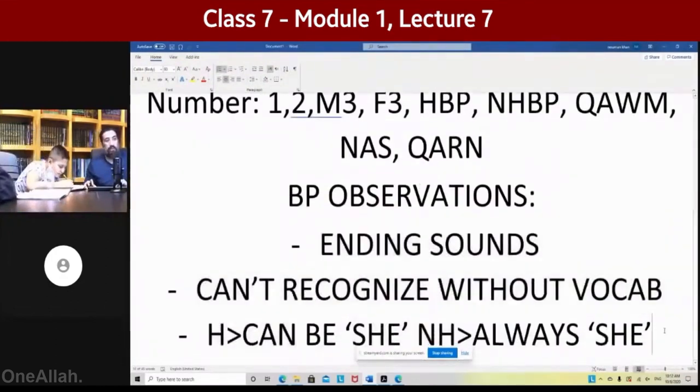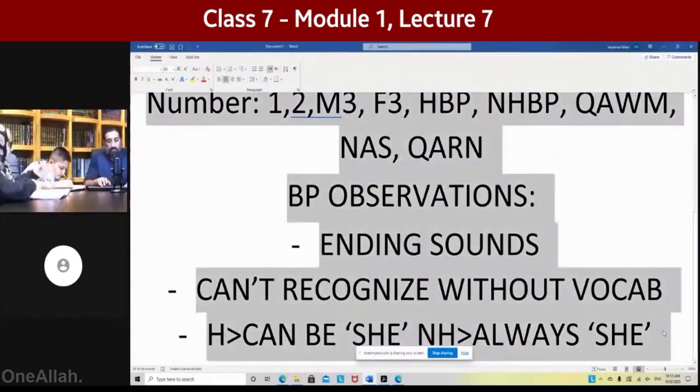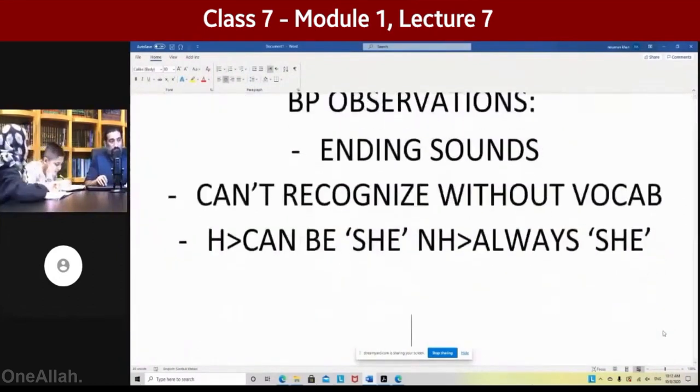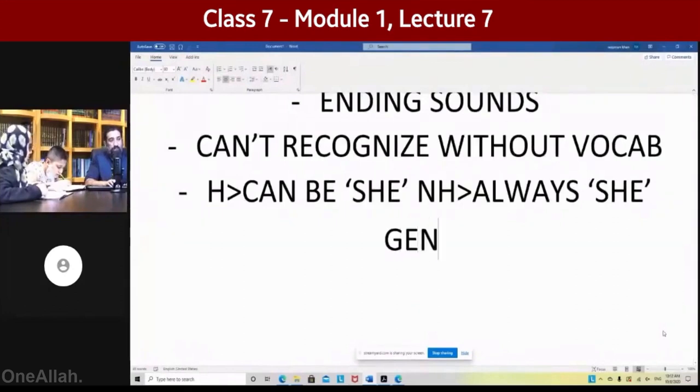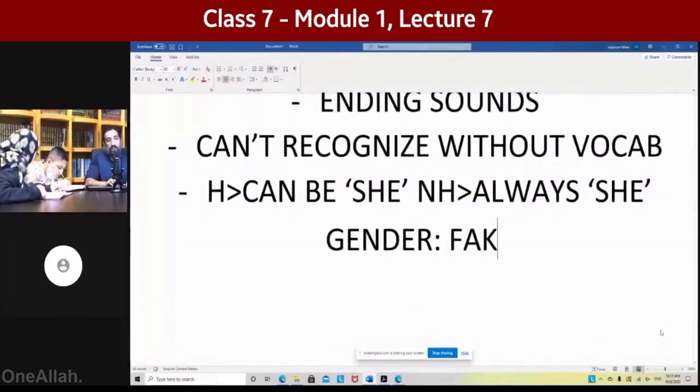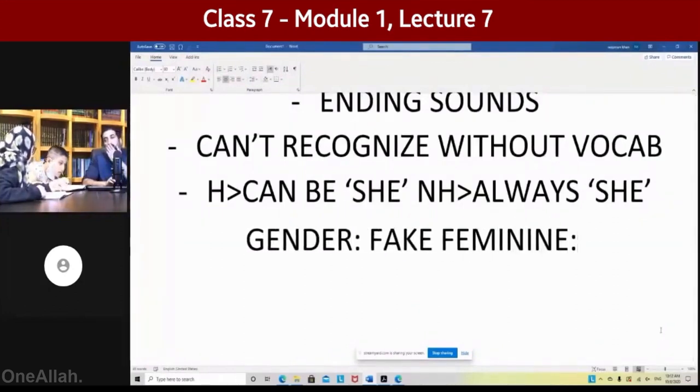Our third item was gender. In gender, we only study fake feminine, because we don't study masculine, since whatever is not fake feminine is already masculine. We don't study real feminine, because you should know who your mom is already. It doesn't make sense for me to teach you that mother is feminine.